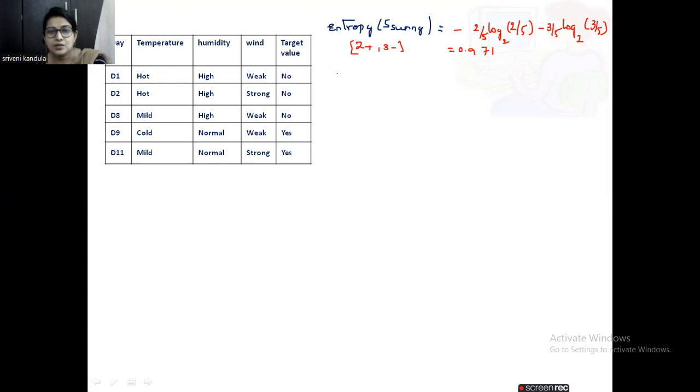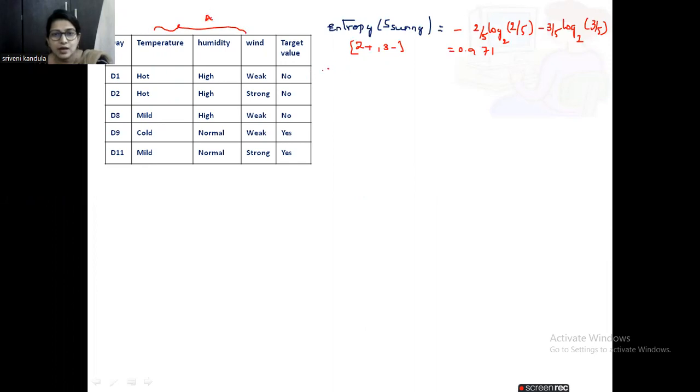Now, similarly, I should compute the information gain for all the 3 parameters again. I'm not considering Outlook because I got a solution for Outlook. I need not solve that path again. Among the 4 attributes that we had earlier, now Outlook is removed and only temperature, humidity, and wind, only 3 attributes are there.